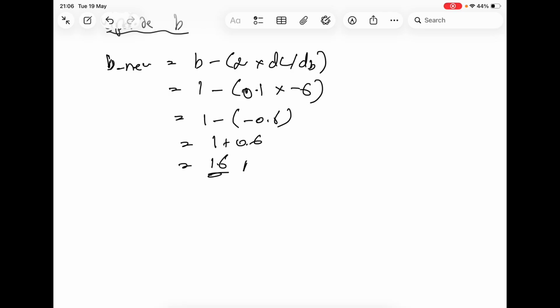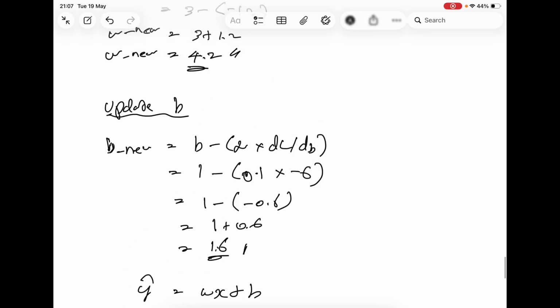So now we have our newly predicted weight and bias. Now let's plug these values into our linear regression model and see what our new prediction will be.